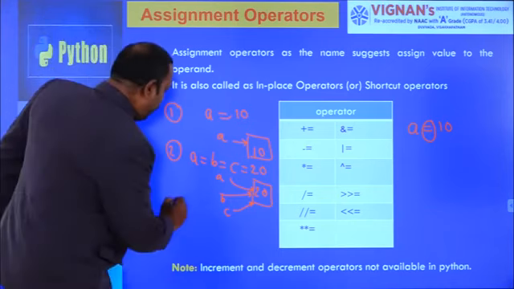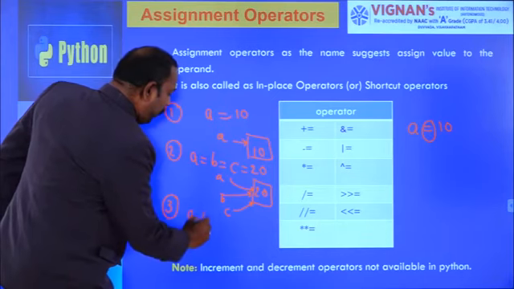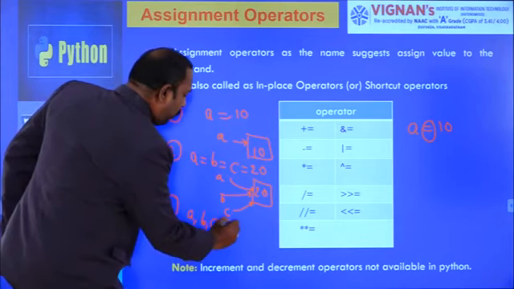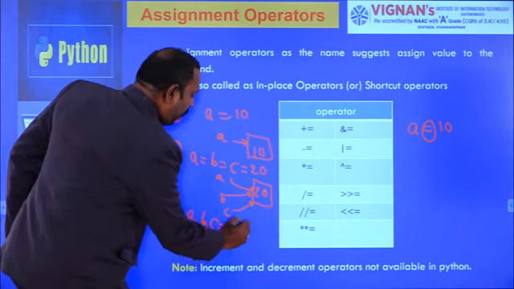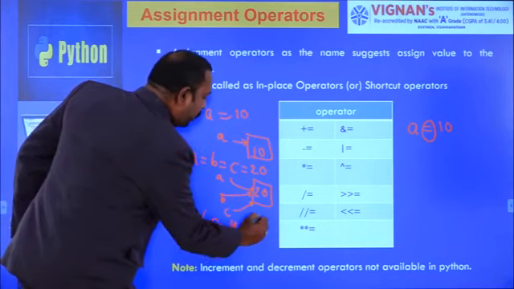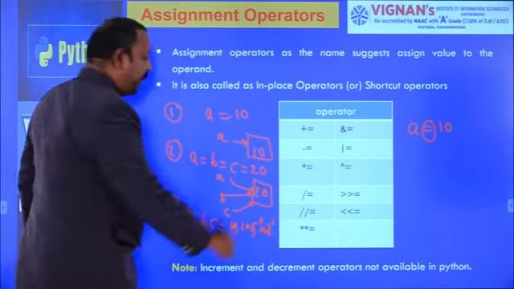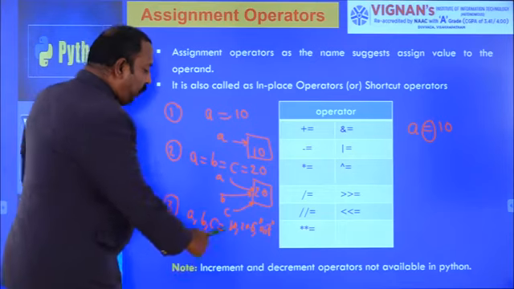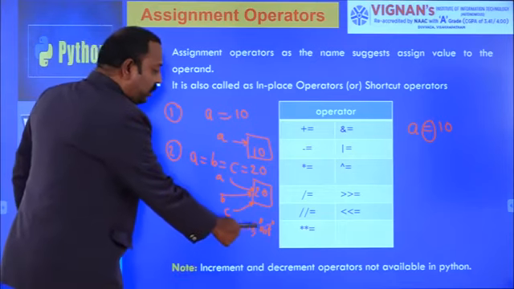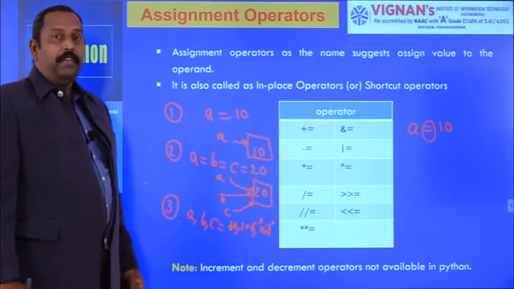And the third method is you can use a comma b comma c equal to 10 comma 20.5 comma 20.6 comma VAIT. So like this you can assign multiple objects. This is one object, this is another object, this is another object. Three objects can be assigned to three variables.